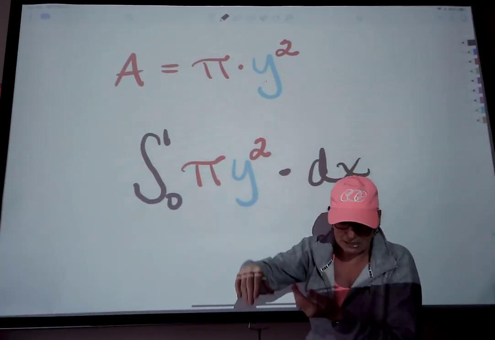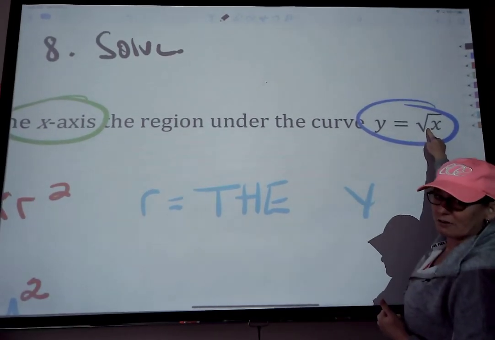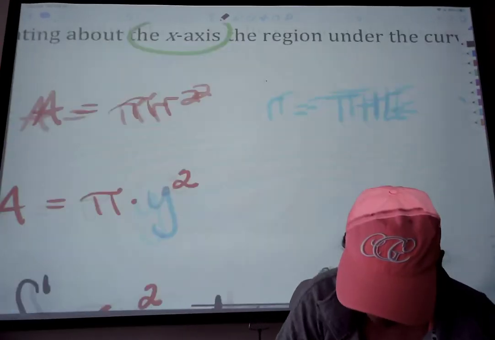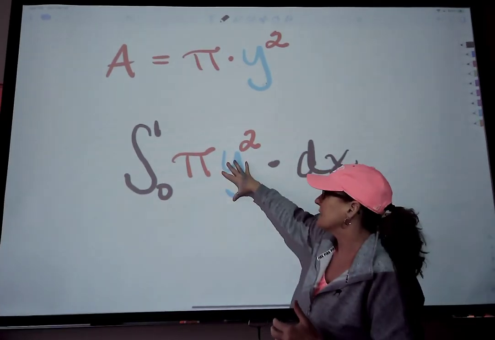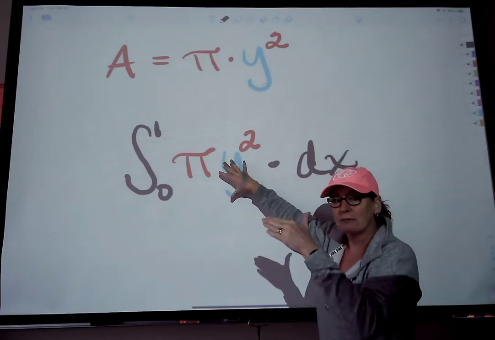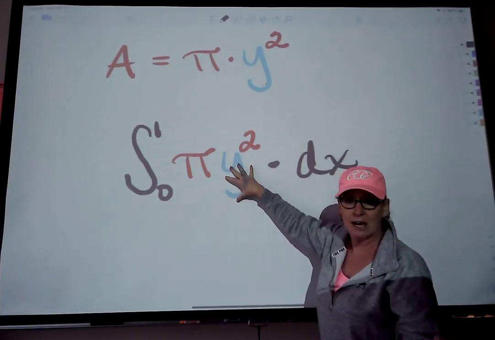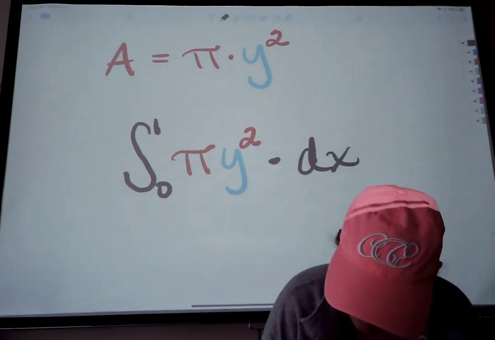The y measurement is the square root of x. So the only thing wrong with the integral that we just wrote is, yep, this is a y measurement, but it has to be in terms of x. So I have to replace this with, what is the actual y function? Let's put the actual y function right there.